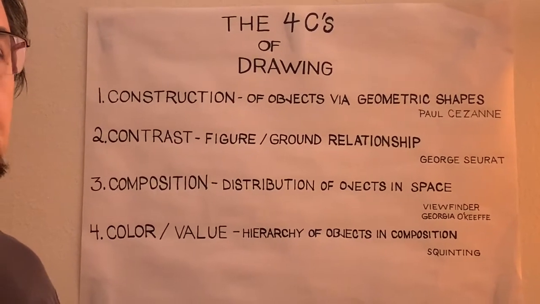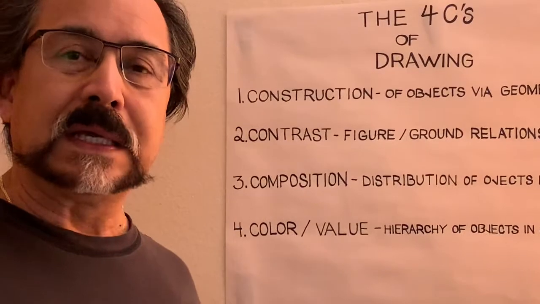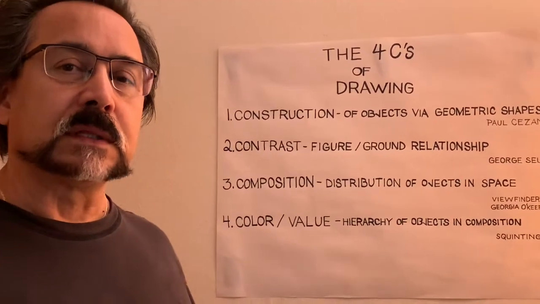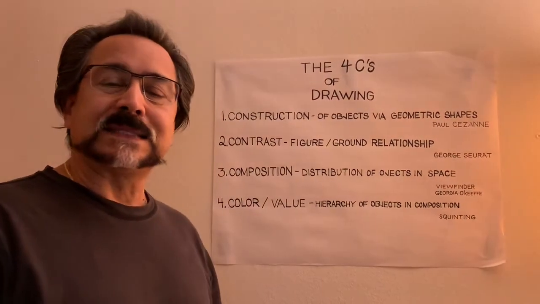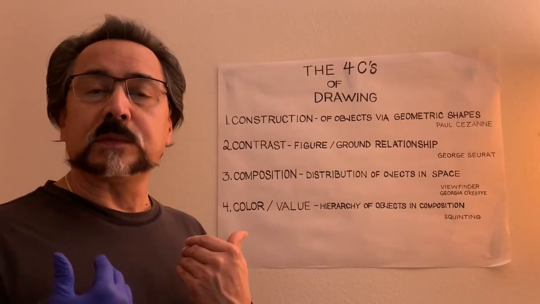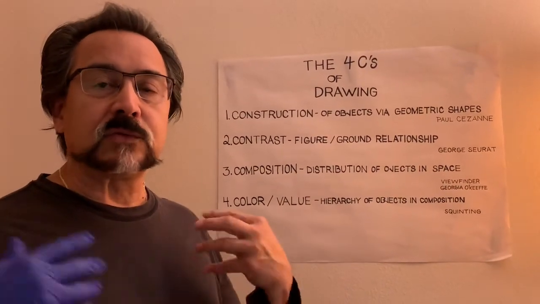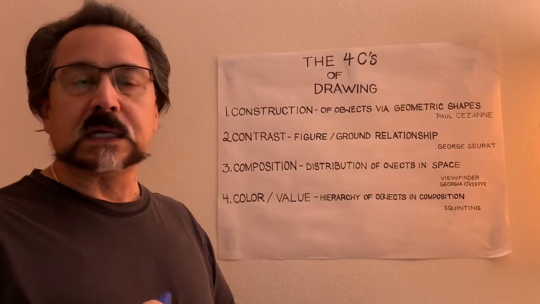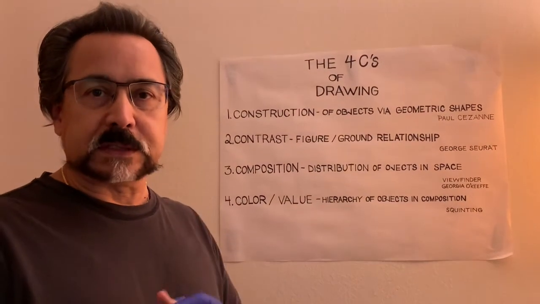Anything that you draw somehow casts a shadow and has a background that either makes it stand out or absorbs it. So you'll see that in Rembrandt, you'll see that in any contemporary artist.